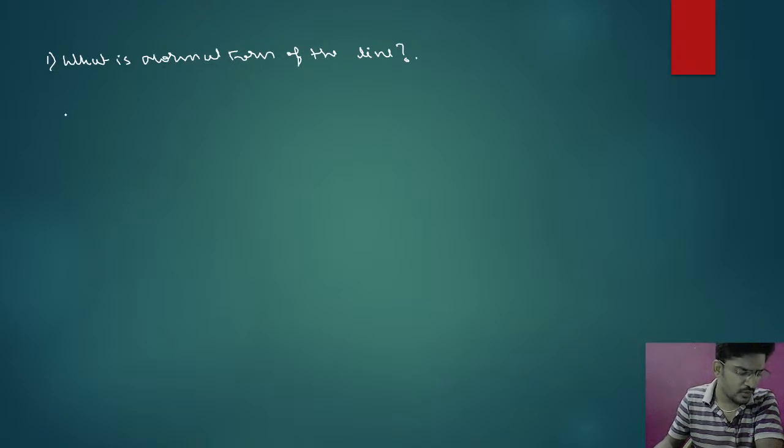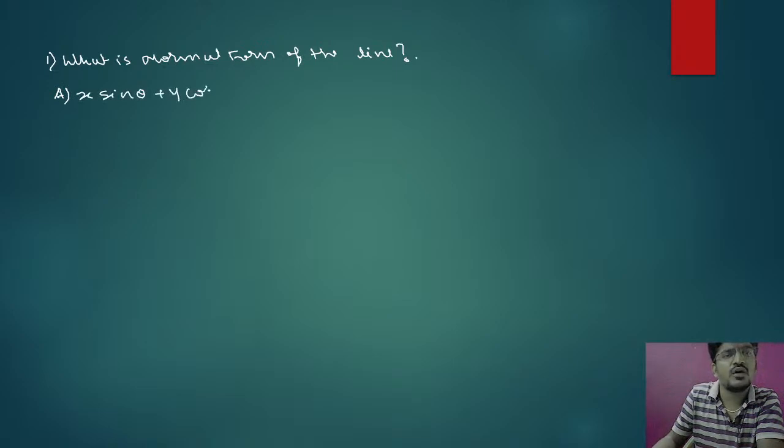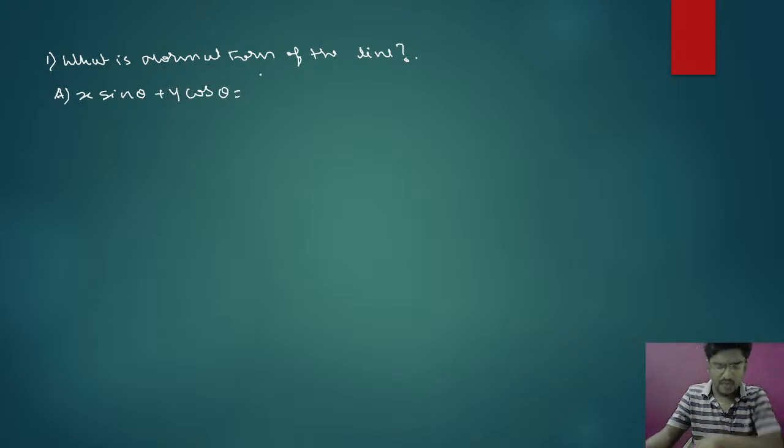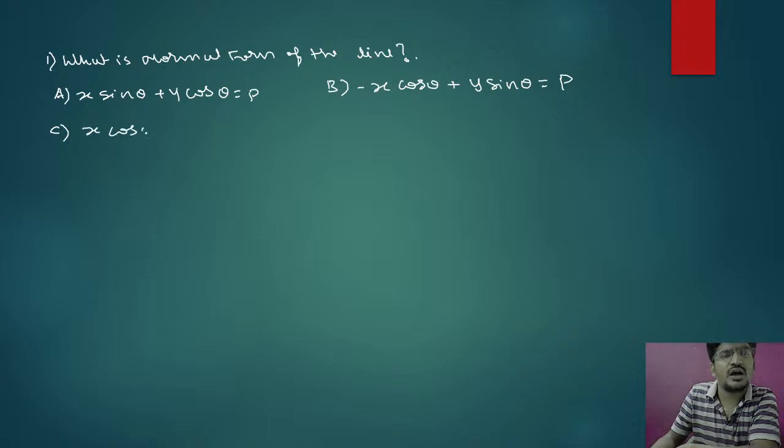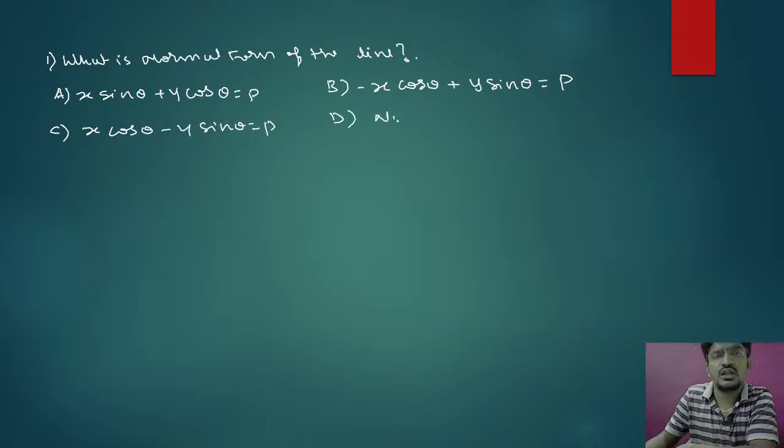Option A, x sin theta plus y cos theta equal to P. Option B, x cos theta plus y sin theta equal to P. Option C is x cos theta minus y sin theta equal to P, and option D is none of these.